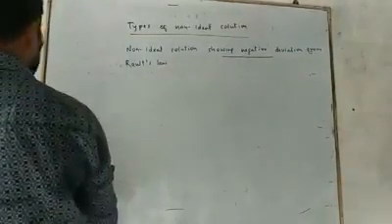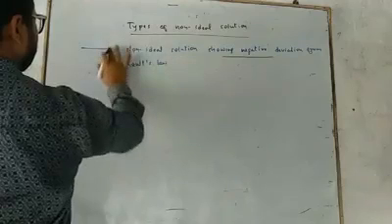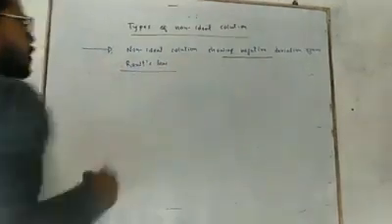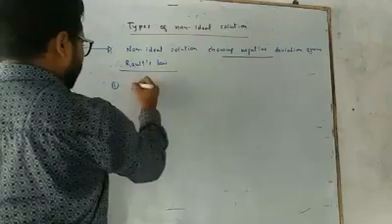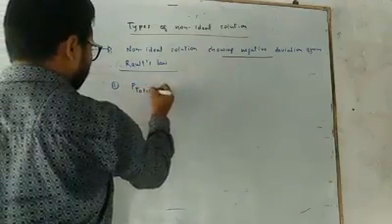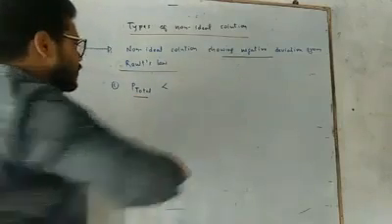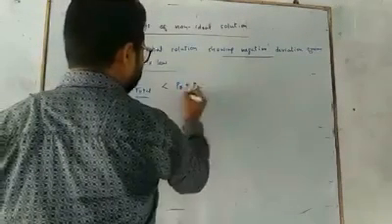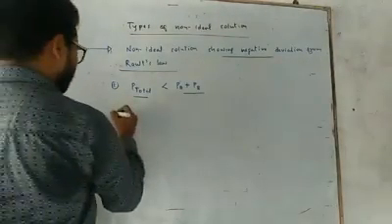It is a non-ideal solution showing negative deviation from Raoult's law. So first thing, P total is less than PA plus PB.